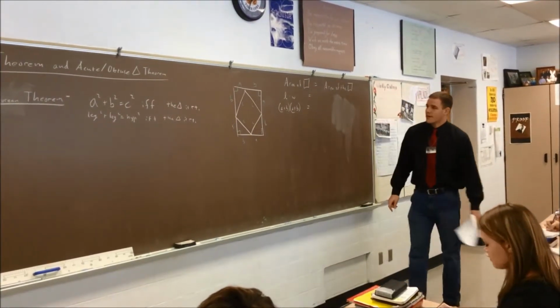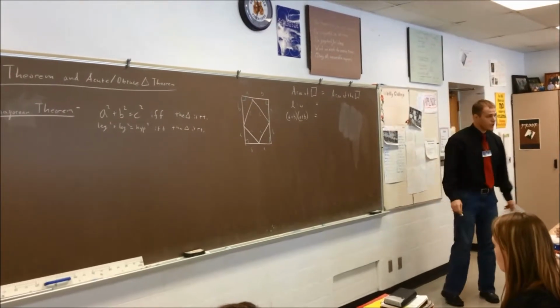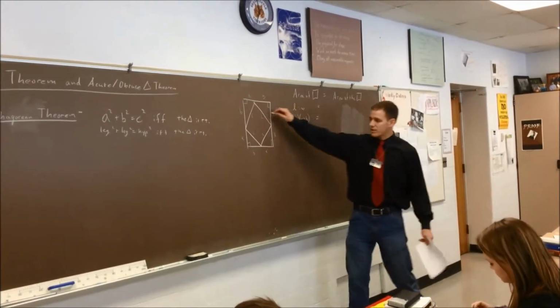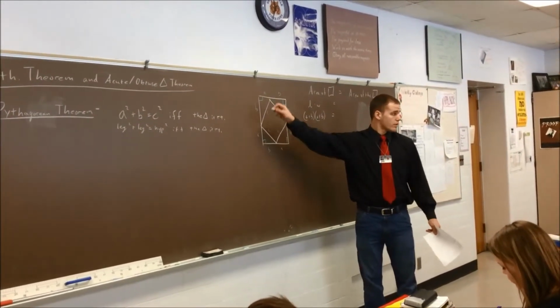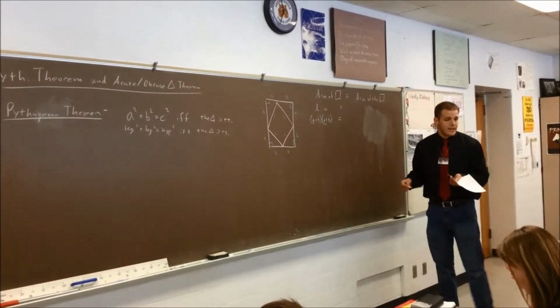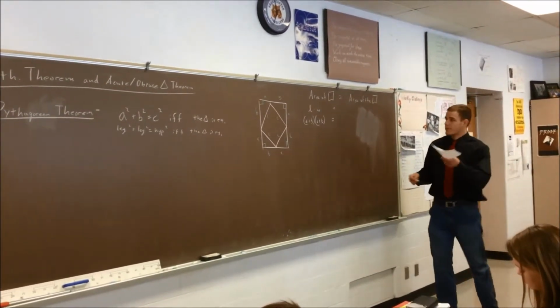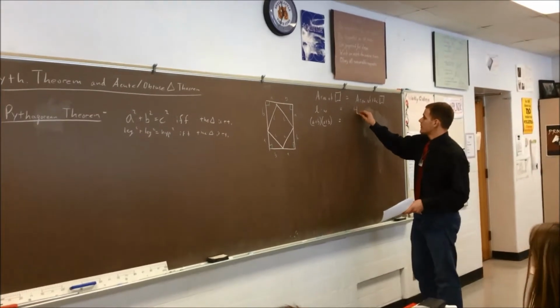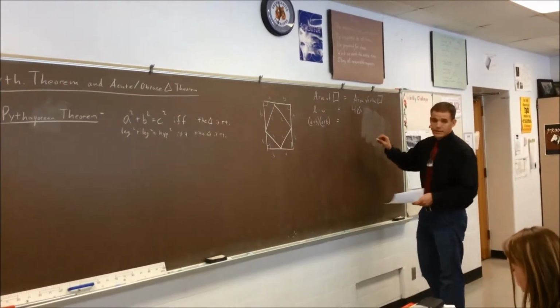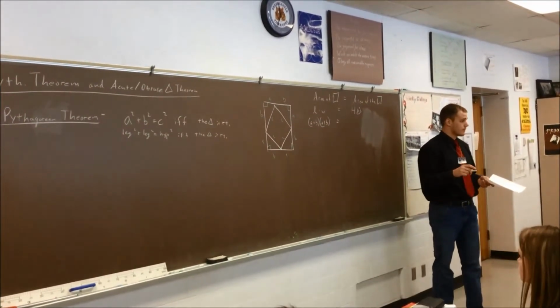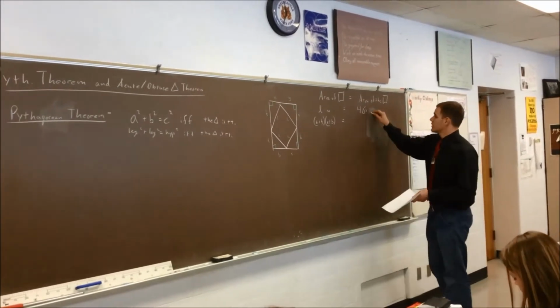Now, we can find the area of it that way. We can also add up all these parts, can't we? So what shapes are we going to be adding together here? We got 4 triangles, and what else do we have? We got the square in the middle, right?